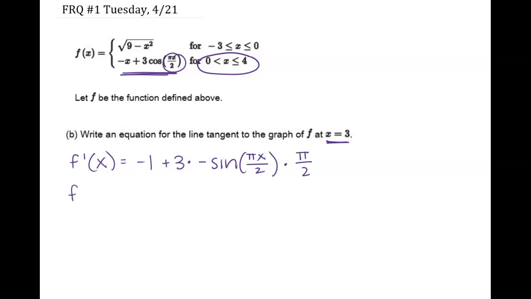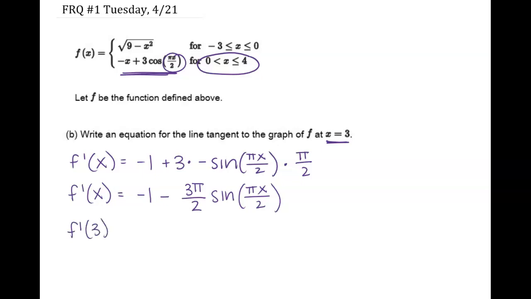Let's simplify a little bit before we evaluate at 3. F prime of x is -1 minus 3 pi over 2 sine of pi x over 2. Now let's find the slope at 3.